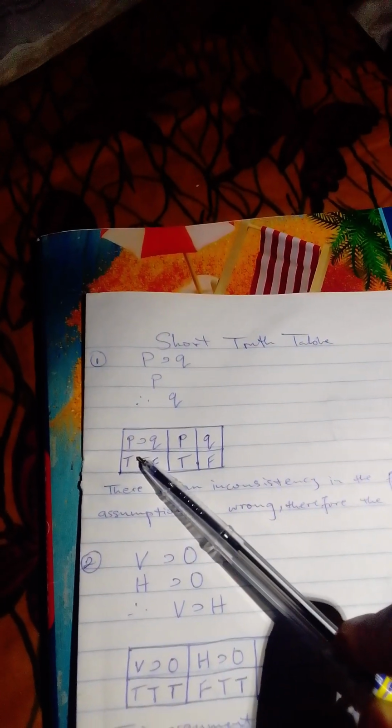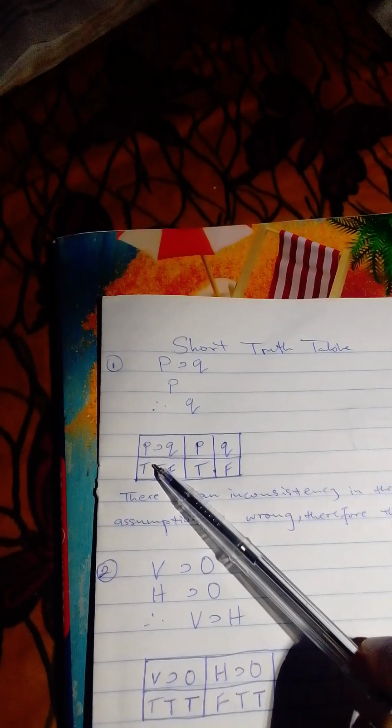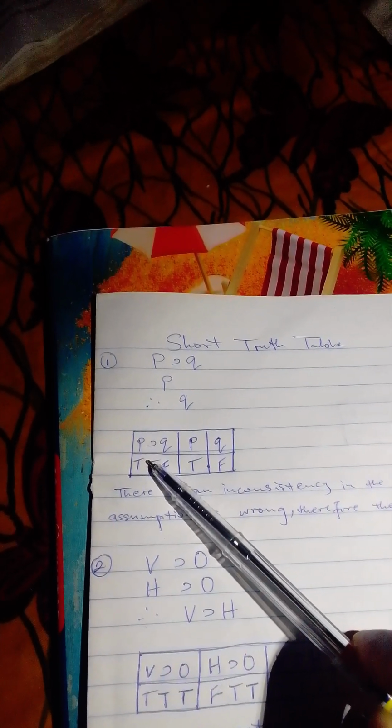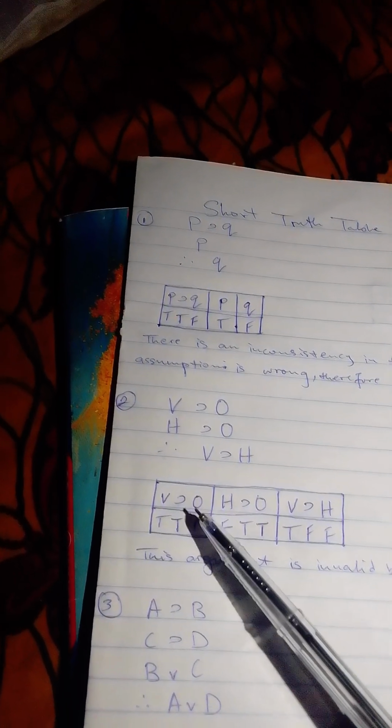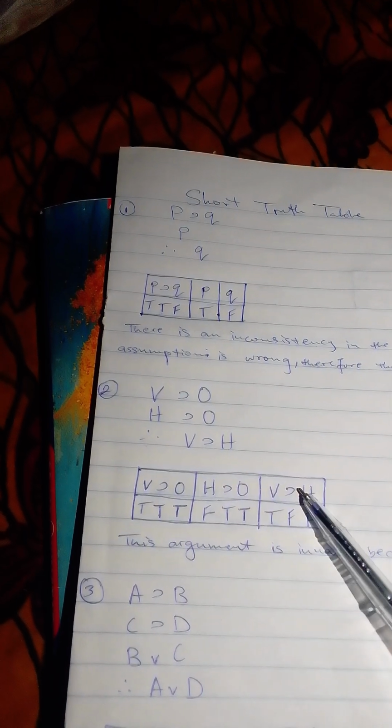If there is no inconsistency, the argument, as we assumed invalid, will remain invalid. Secondly, second question, we have premise 1 as V implies O, H implies O. Therefore, V implies H. We sketch out our premise 1, premise 2, and premise 3.